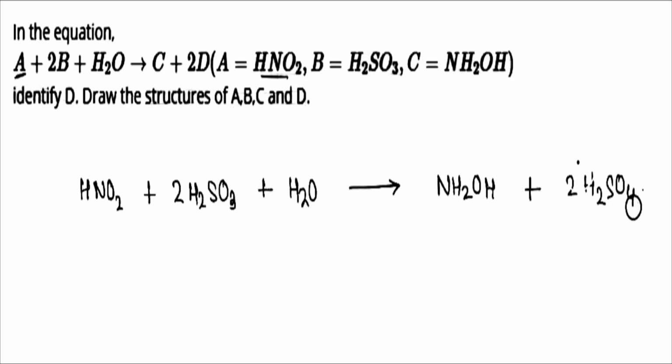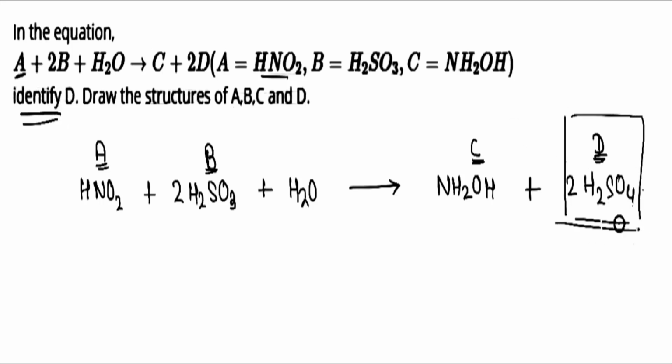So this is the general reaction where this is A, this is B, this is C, and this is the compound we have to identify. First of all, identify D. D is sulfuric acid.